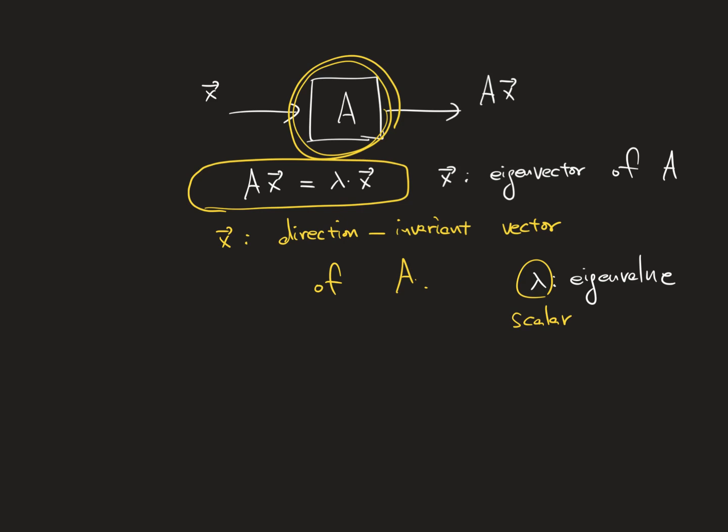Because if it's not essential, it'll change. But an eigenvector, after multiplication, does not change its direction. And so we want to know what the eigenvector is because it's the essential one.